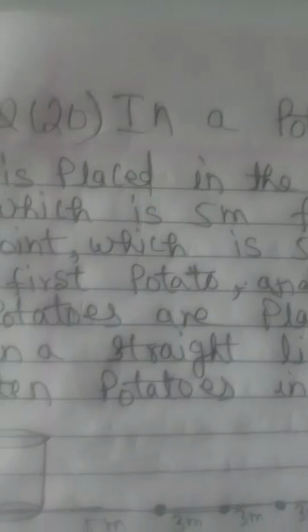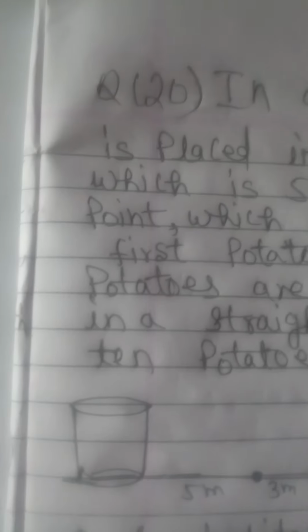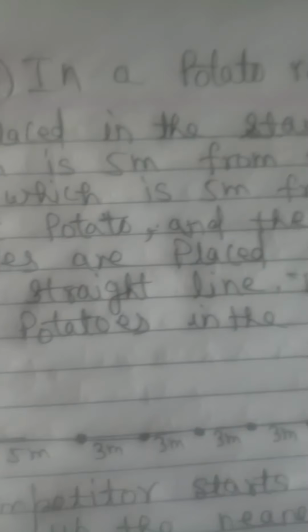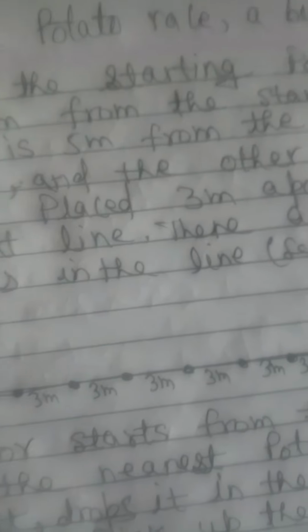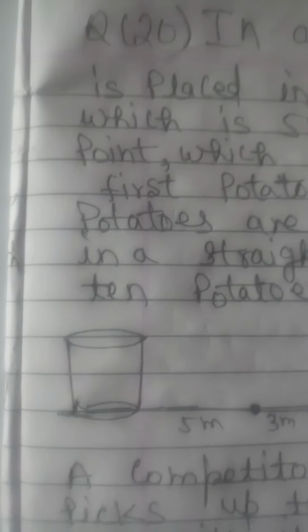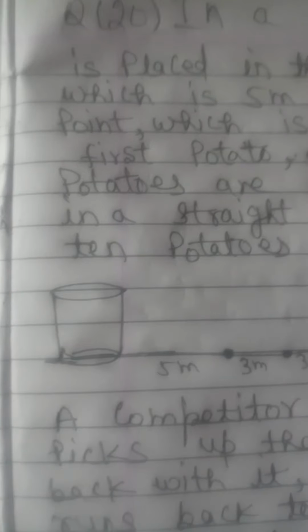Question number 20. In a potato race, a bucket is placed at the starting point, which is 5 meters from the first potato, and the other potatoes are placed 3 meters apart in a straight line.